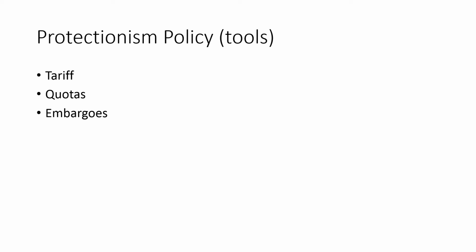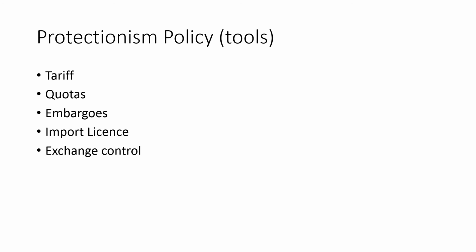For example, Malaysia banned goods from Israel. Fourth, import license. The government can control the number of importing firms and the volume of imports through the requirement of import license.